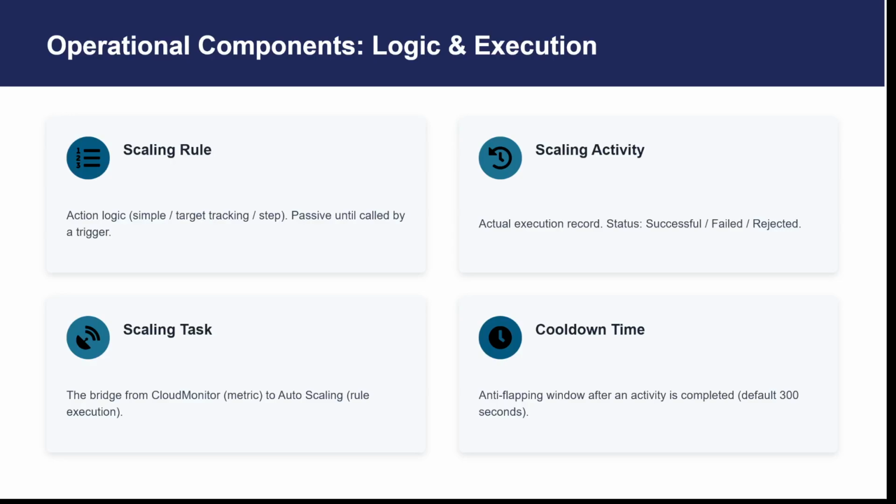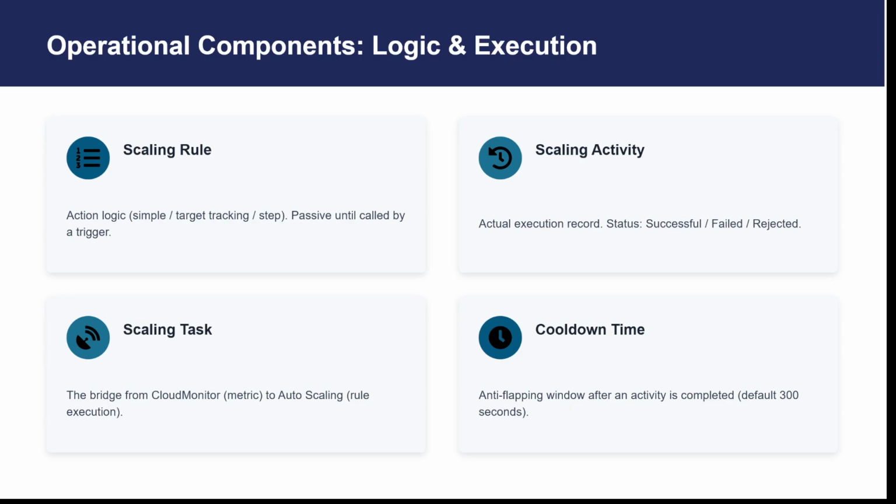Okay, next, let's talk about the operational components, logic and execution. Now the components that drive execution. First, there is scaling rule, which defines the action, add instance or remove instance, but it stays passive until something triggers it. And then there is scaling activity, which is the actual record of what happened, with the status of successful, failed, or rejected.